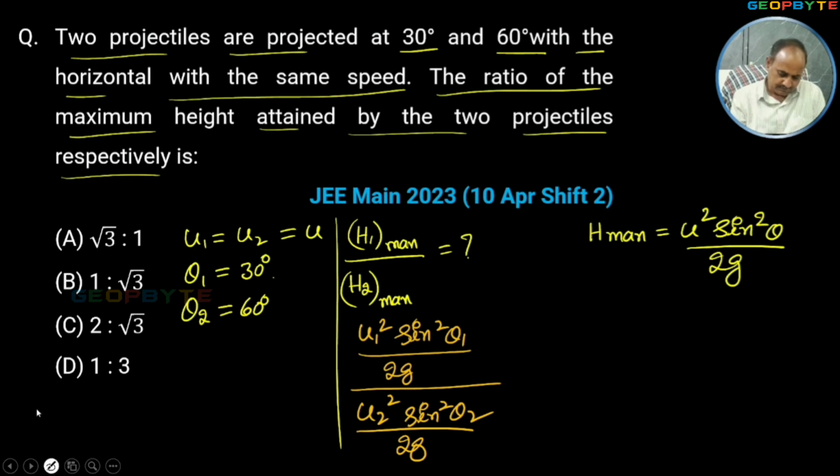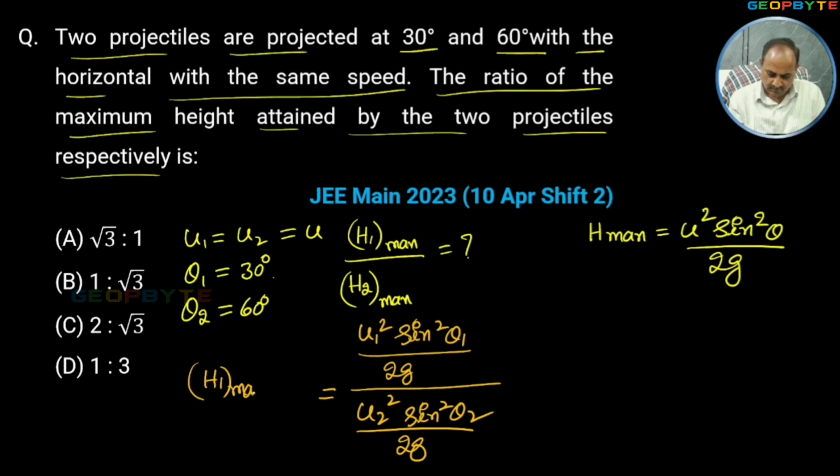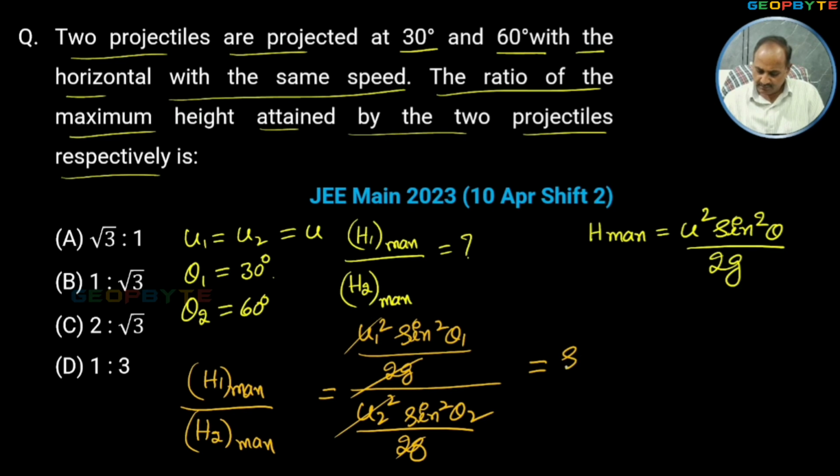This is the H1 max by H2 max. So this 2g is cancelled, u1 u2 cancelled, sine square theta 1 (30) divided by sine square 60.